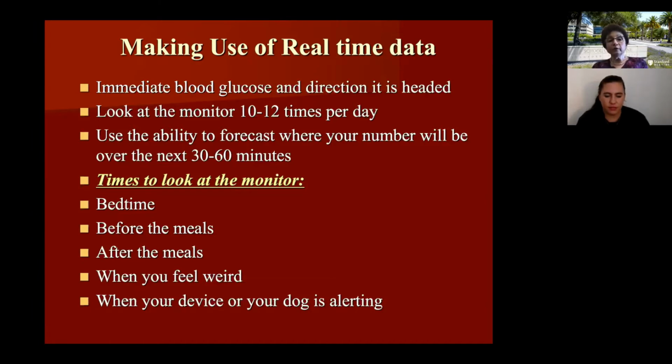Now, what if you are 120 and going down, and you have 3 units of insulin on board? Then you should take some action before going to sleep. Look before the meals. Before the meals is super useful, and we'll go over some examples. Just to give you one example, you are 130 before the meal and you have 2 arrows going up.